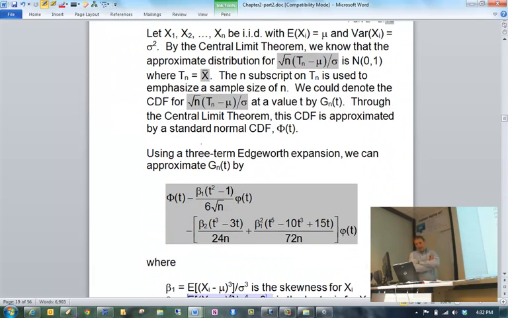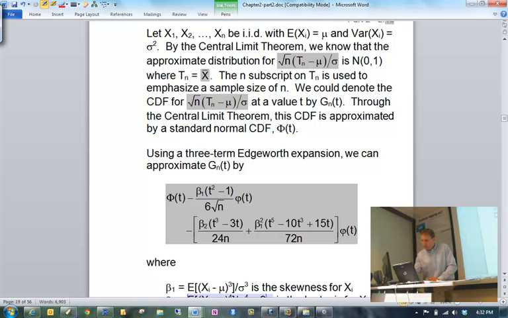Okay. So let's say that we have a situation such as we have X1 through Xn iid, each with a mean of mu and a variance of sigma squared. Now by the central limit theorem, we all know that the square root of n times (T_n minus mu) divided by sigma, where T_n, let's say, is my X bar, is approximated by normal 0, 1.